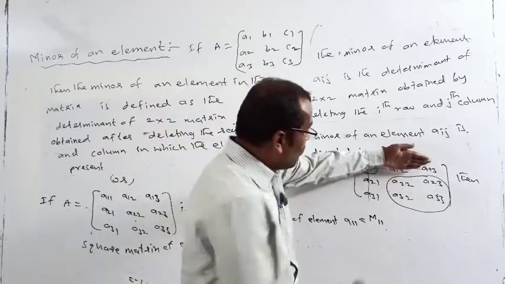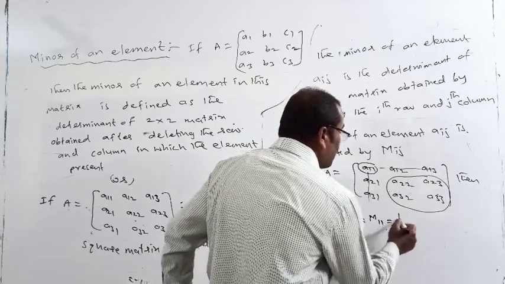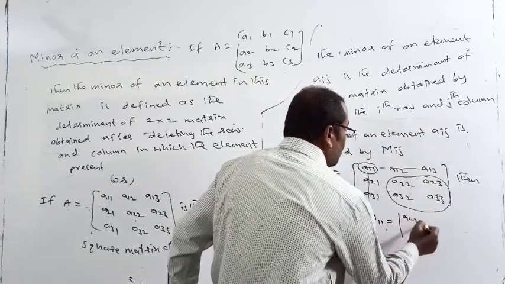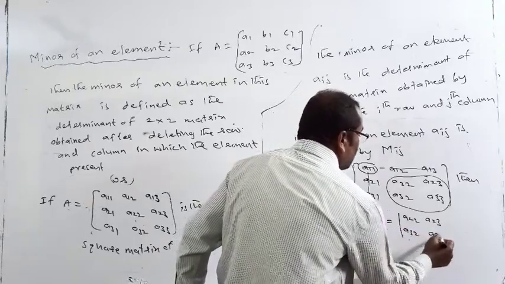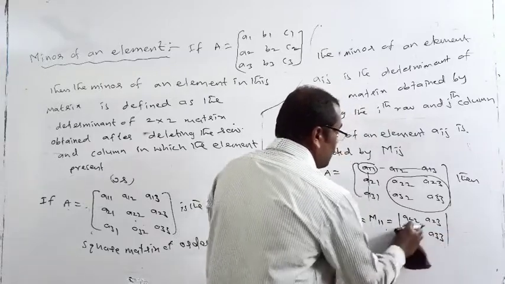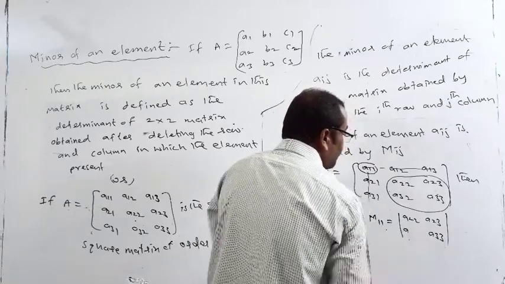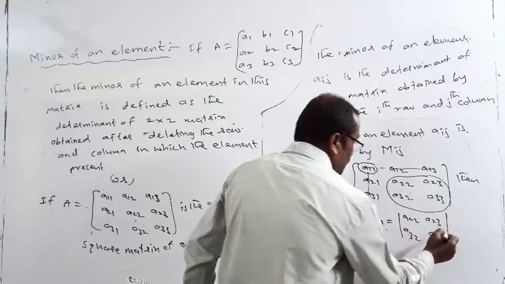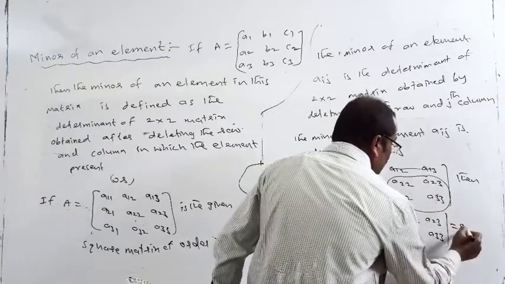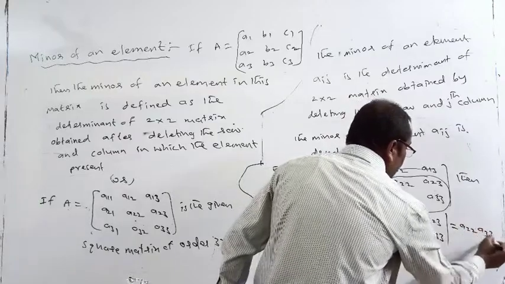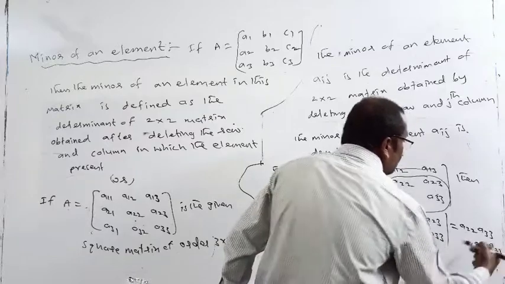After deleting this row and column, we have a 2 by 2 matrix, and that determinant will be the minor. The remaining matrix is A22, A23; A32, A33. So don't confuse here, we are writing the determinant sign. This is equal to A22 A33 minus A32 A23.